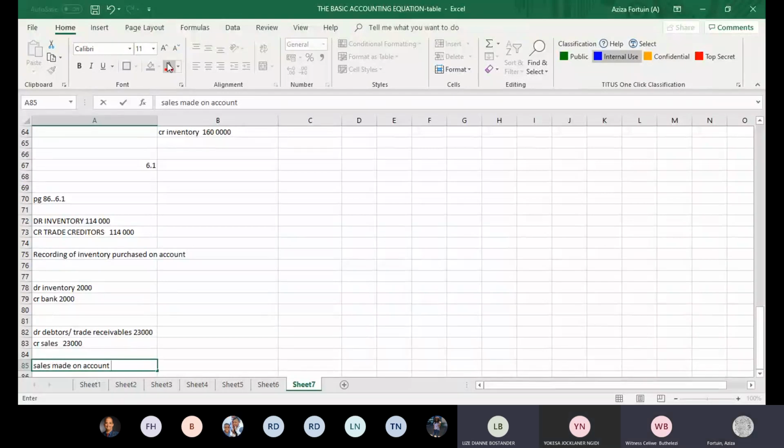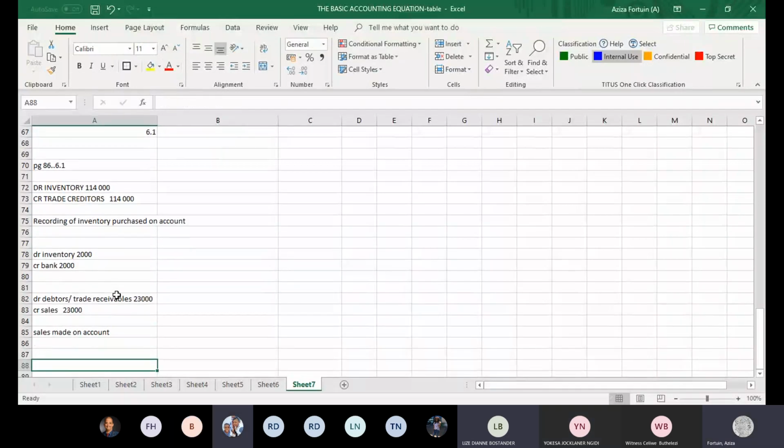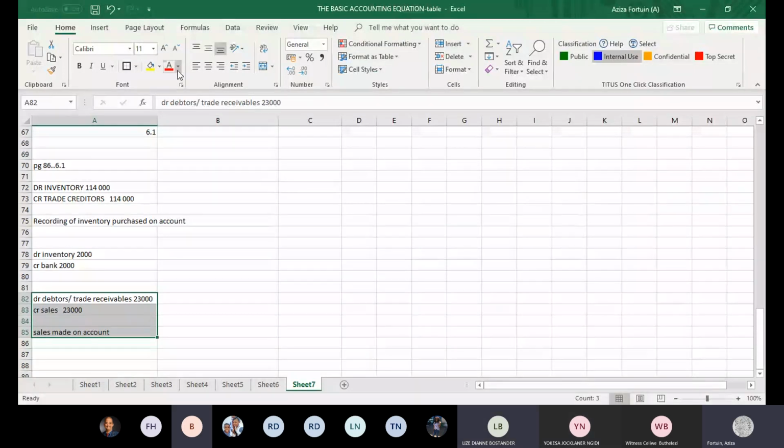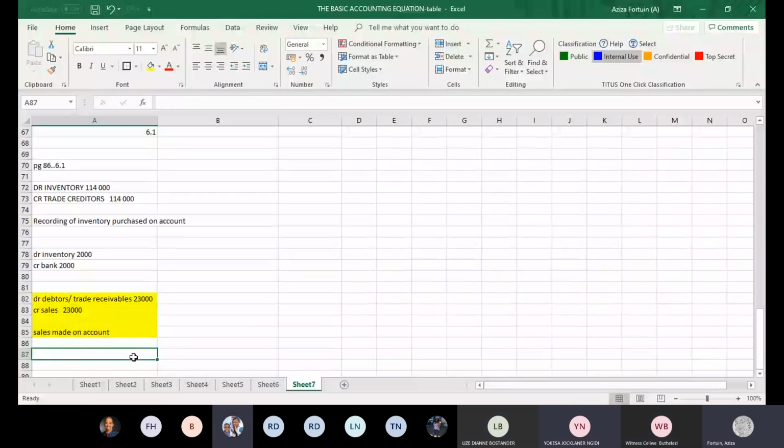Is that all? Is there more? Is this correct? We're supposed to update cost of sales also.